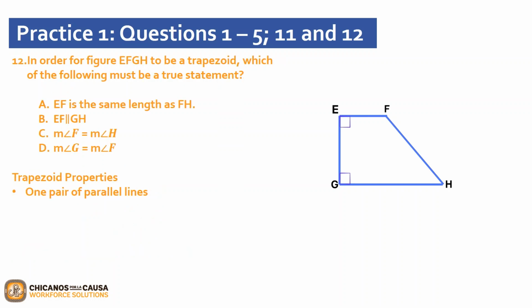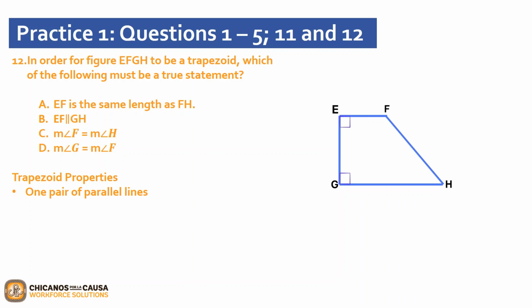Let's look at question 12. Remember, we are using the same figure, EFGH. Question 12 reads, in order for figure EFGH to be a trapezoid, which of the following must be a true statement? So let's look at our options.